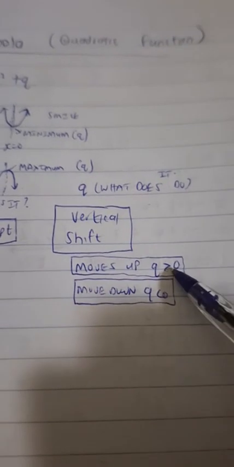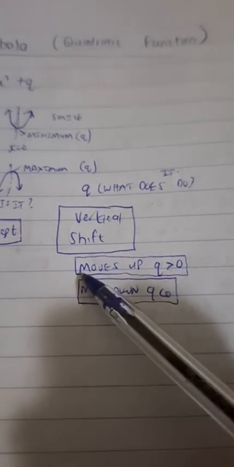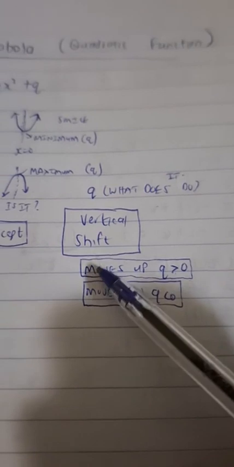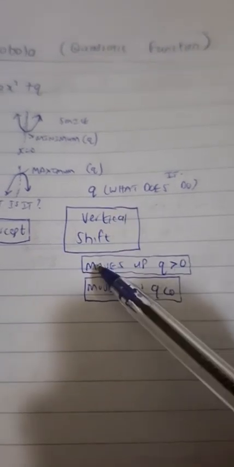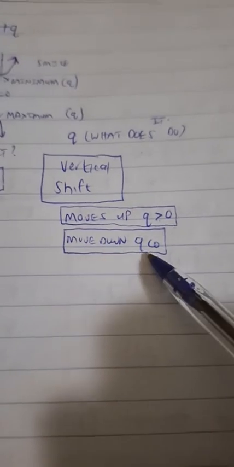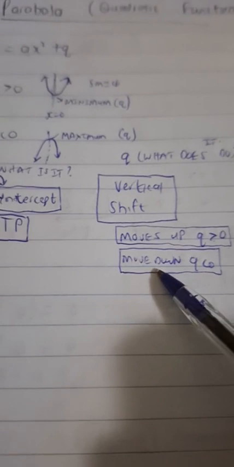When Q is greater than 0, the entire graph shifts up however many units Q is. And if Q is less than 0, then we're talking about the graph's movement down. Does that make sense? I hope it makes sense, guys. So that's very important that we understand that.